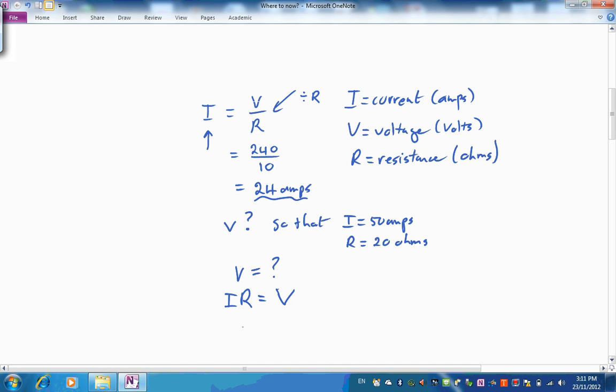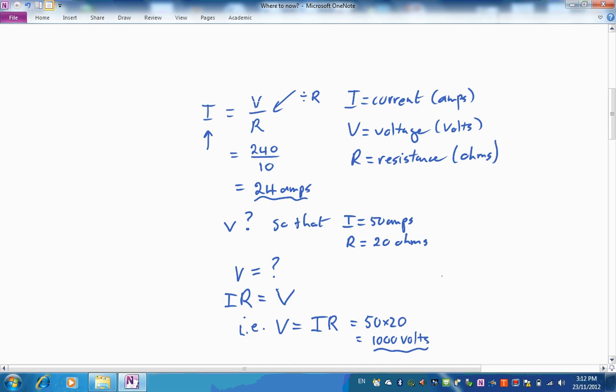So we might say, well, to get the voltage, you multiply the current that you require by the resistance. So here that would mean 50 by 20. We would actually have to apply, what is that? That's 1,000 volts to that circuit to produce a current of 50 amps with a resistance of 20 ohms.